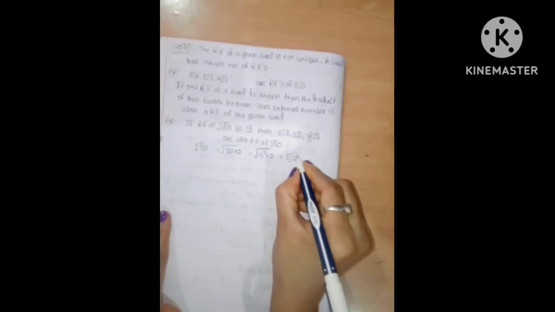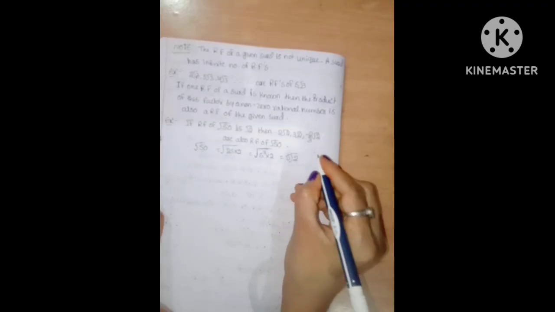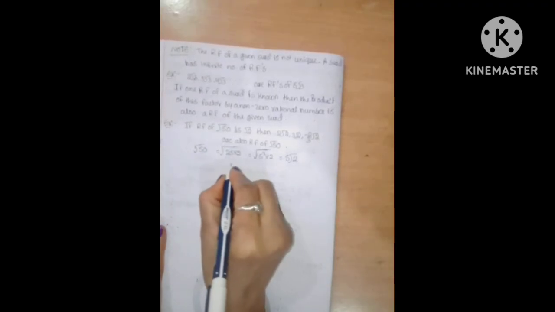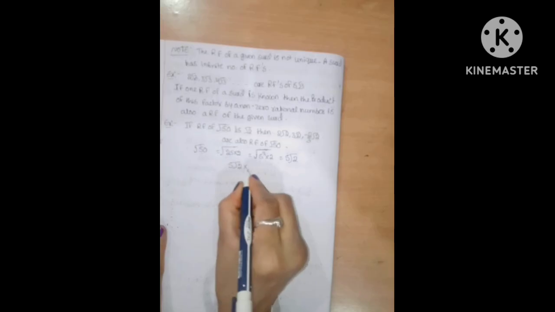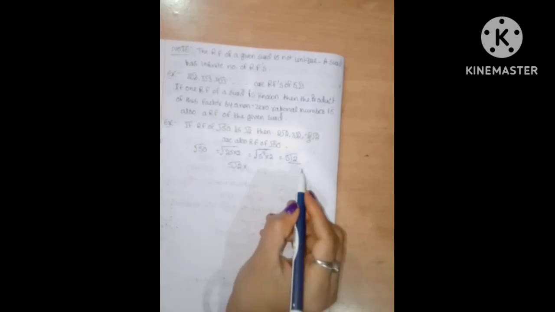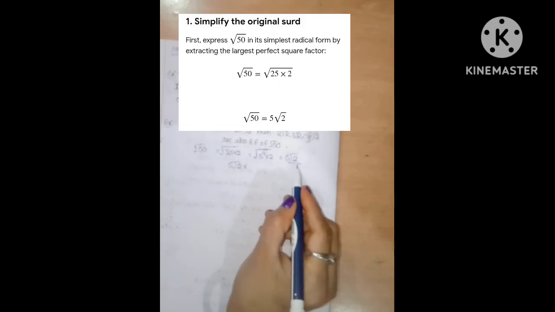So 5 root 2, multiplied again by root 2, since the first step of converting root 50 into its simplest form is done.